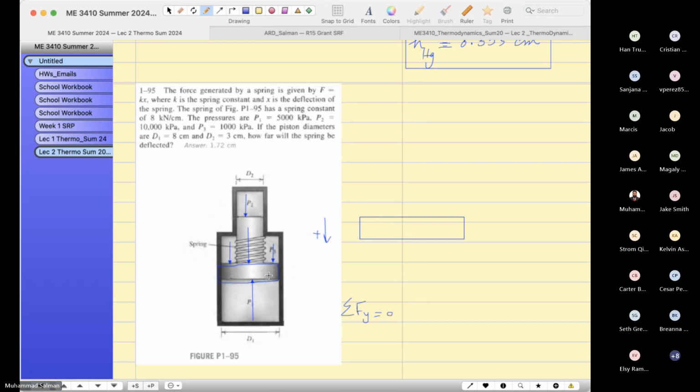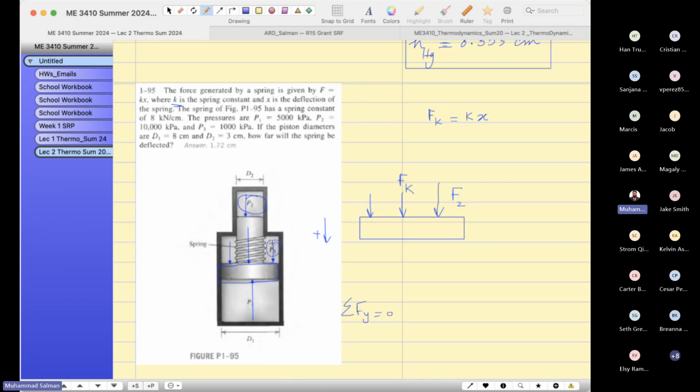There are three forces. One is due to the spring, which I would call F sub k, because k is usually the stiffness. The force due to the spring is k times x. Another force is due to the pressure in this pocket. Since we are balancing the forces, I will use forces rather than pressures.